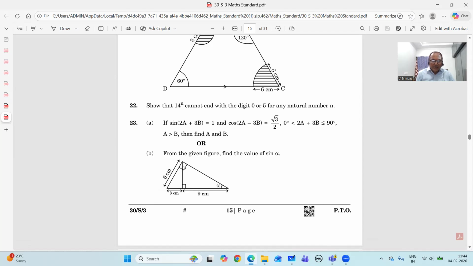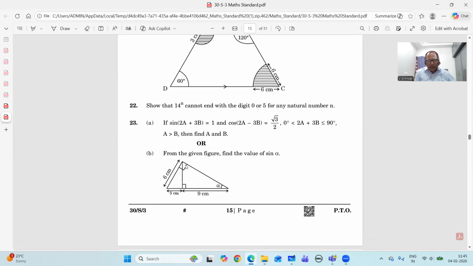We can calculate this side using the Pythagoras rule. Once we get this side, which is opposite to alpha, and we know this hypotenuse also, we can calculate sine alpha. Sine alpha is opposite side by hypotenuse. That's what we are asked for.